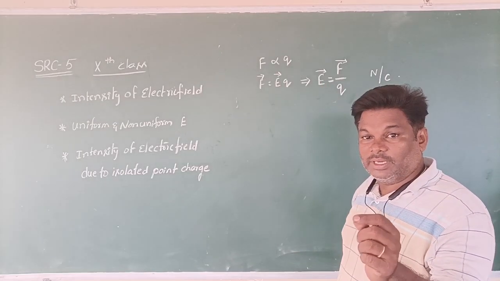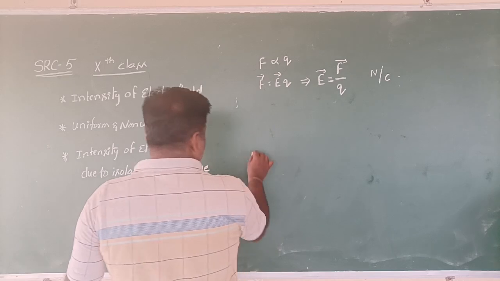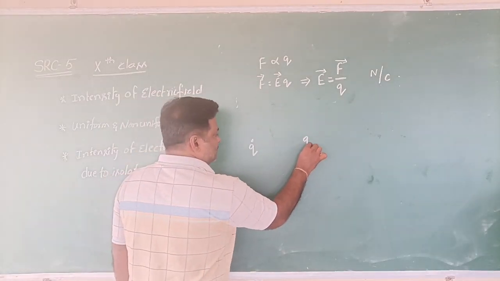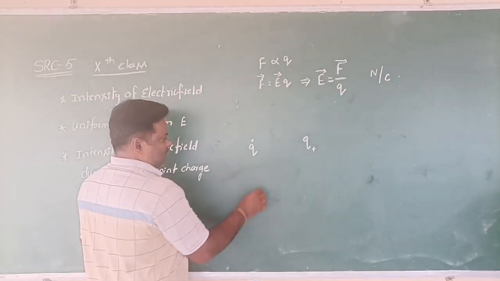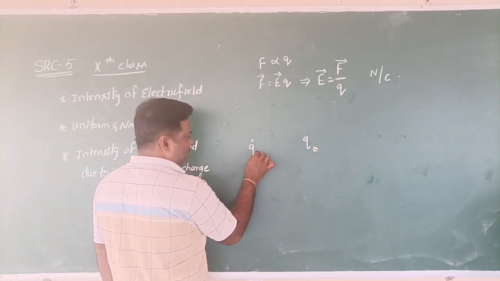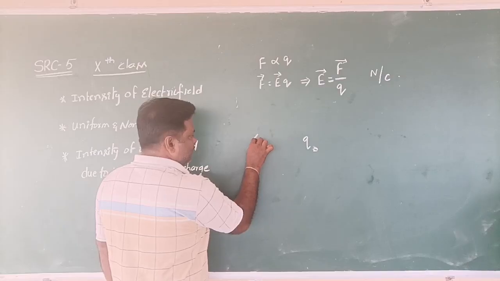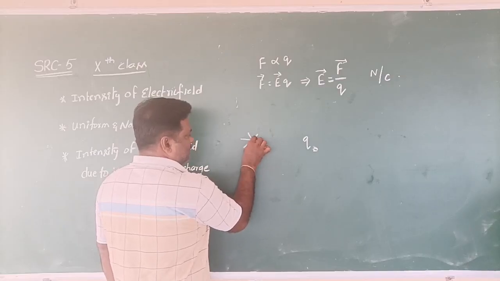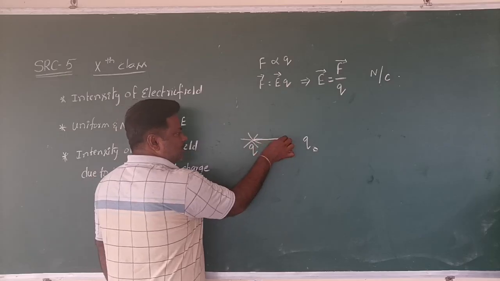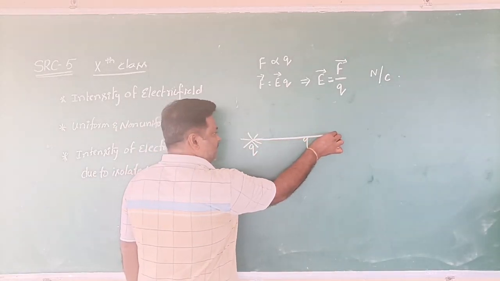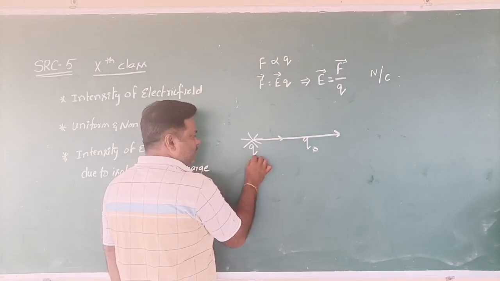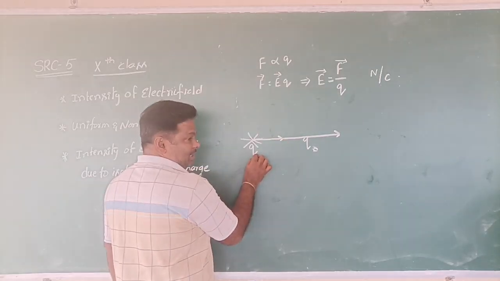I told you yesterday, what is the direction of this one? Suppose you have a positive charge Q, and a positive test charge is located in the field of this one. Definitely, both are positive charges, so you will have a repulsive force, and it is directed away from the charge.